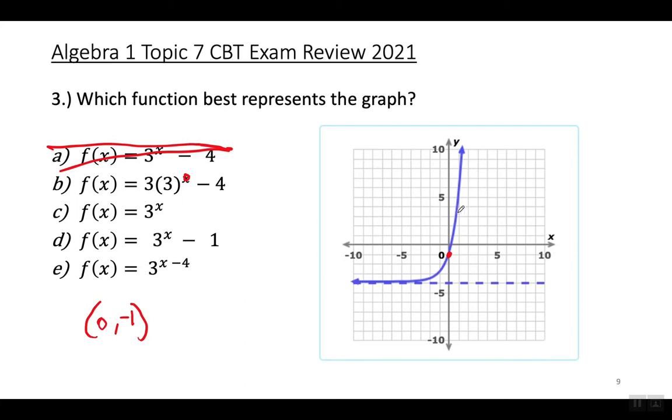Let's try another one. How about when x is 1? If I put a 1 here, 3 to the first power is 3. 3 times 3 is 9. 9 minus 4 is 5. The point (1, 5) is on the graph also. All right, that's it. That's our answer.